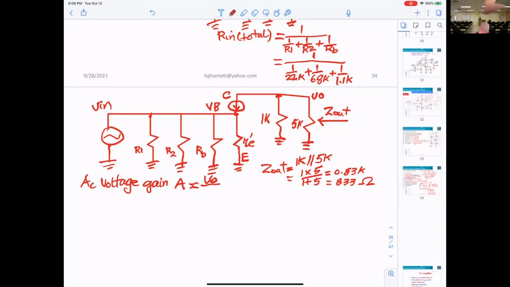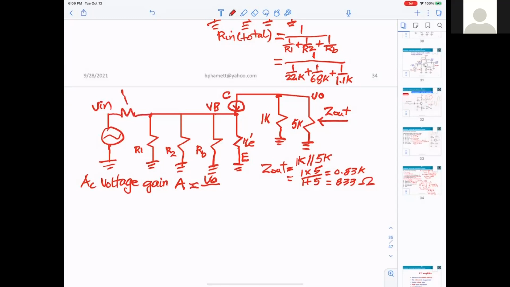You cannot say V out here divided by V in here. No, that is not right. I can tell you why. It starts where R1 is at. That's where it really starts. Now, that's a generator, and a generator can have internal resistance.